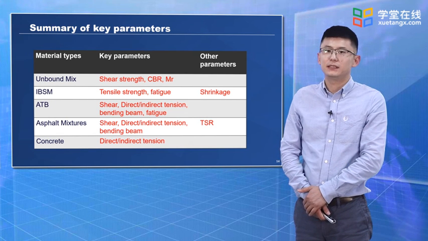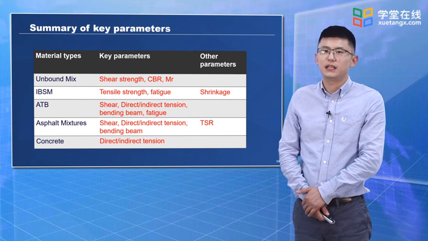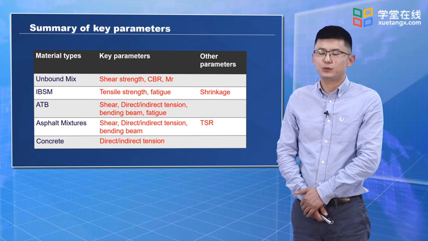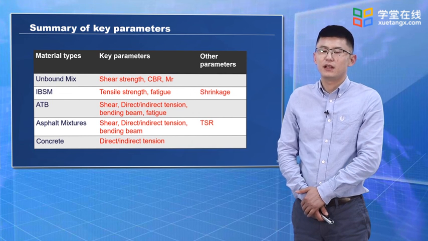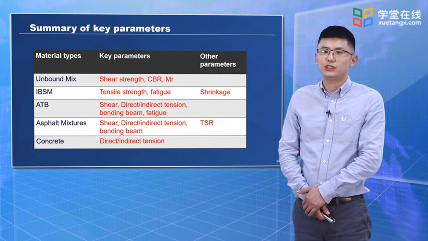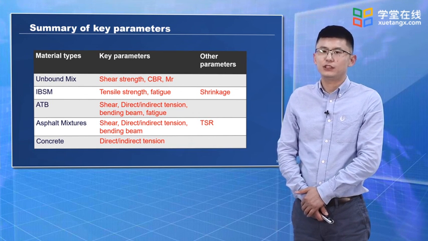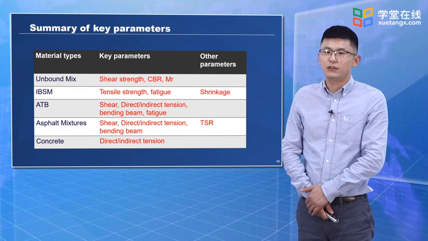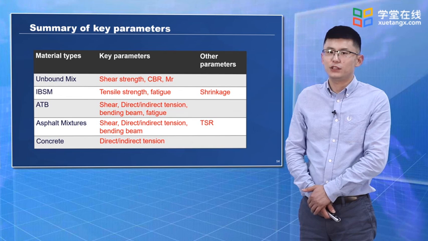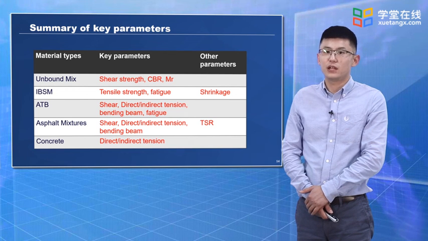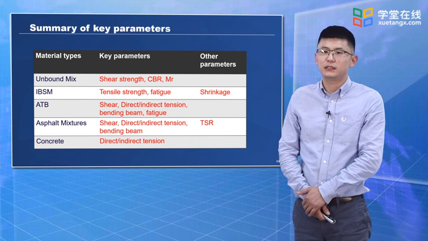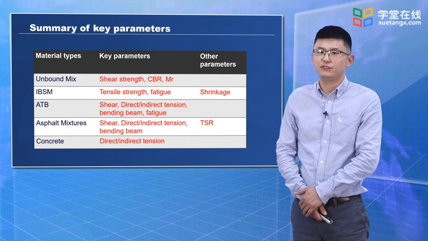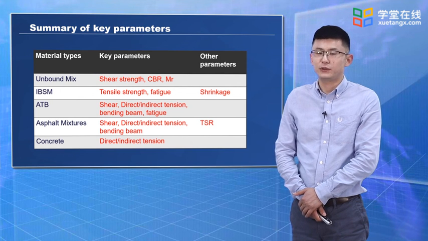As for the treated base, what is important is shear or direct and bending strength, and very importantly, the fatigue performance. For the asphalt mixtures, we have shear, direct or indirect tension, and the bending beam. We also have the TSR for moisture damage resistance. For the concrete, we have direct and indirect tension. We may also have the fracture strength.